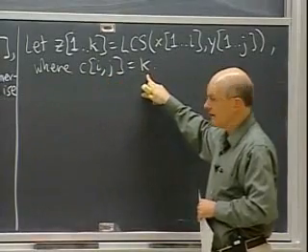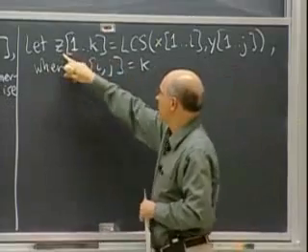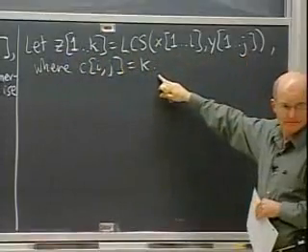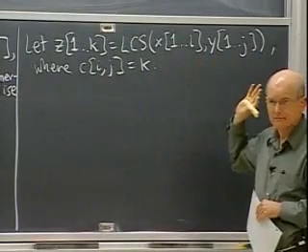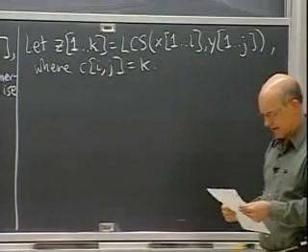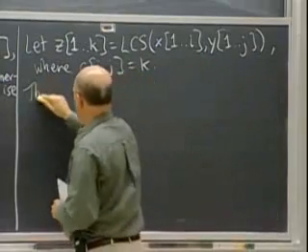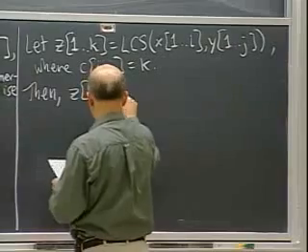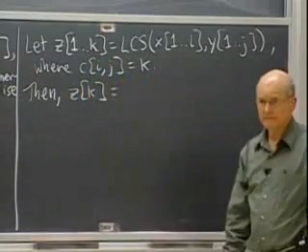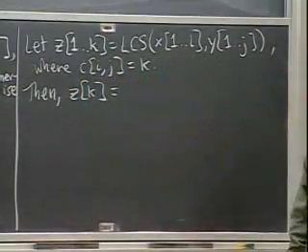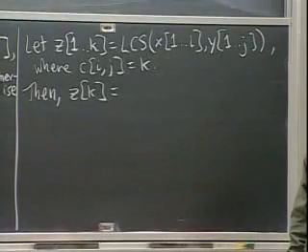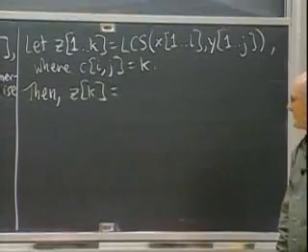Let's call it k. And so let's say that we have some sequence which realizes that. We'll call it z. So then, can somebody tell me what z of k is?